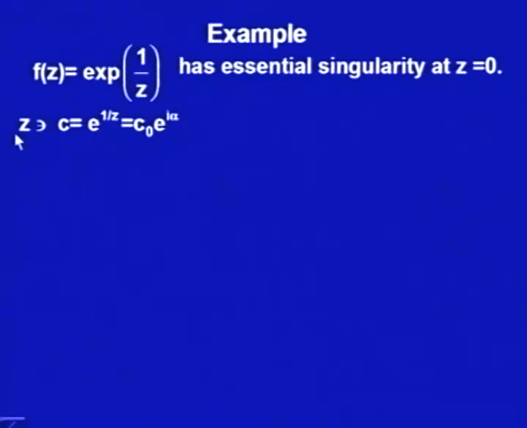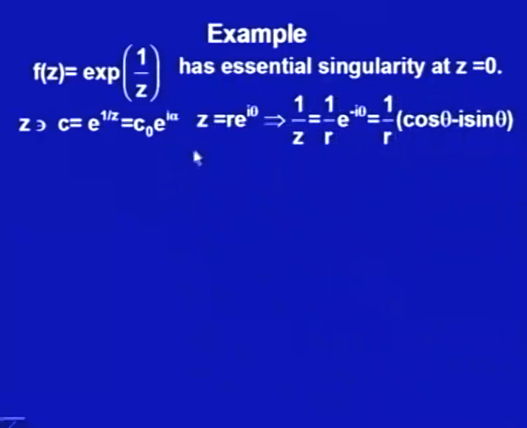I am choosing a z such that f(z), that is e to the power 1 by z, is a constant c. Since it is a constant, it has to be a complex number. We are talking in general; if it is not complex, then it would be real. So, this complex number, let us write it as c naught e to the power i alpha, where c naught is some constant, alpha is some constant.